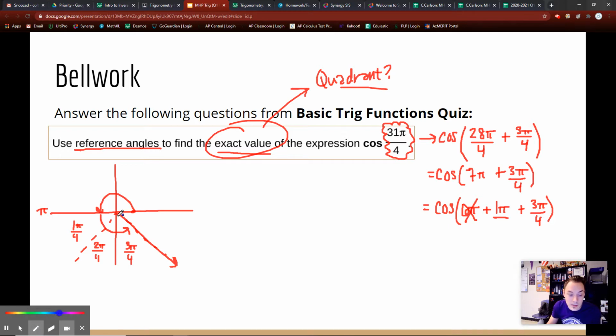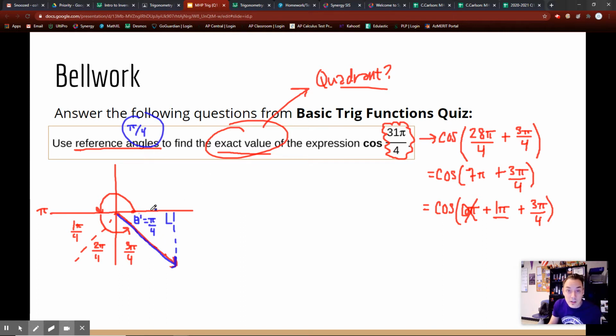Now what we can do, okay, I'll actually make this a little bit blue. Now what we can do is actually build our triangle. I know now my reference angle is, in fact, pi over 4. Now, it's great, but did it ask for the reference angle? No. Okay, that's great that we know it, but it didn't ask for it. What it wants is the actual exact value. So what's the exact value?